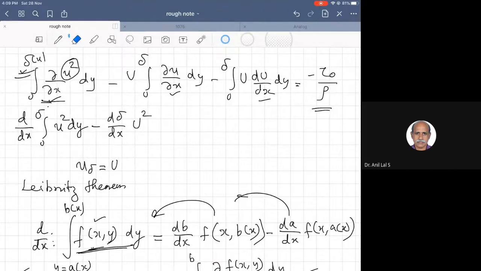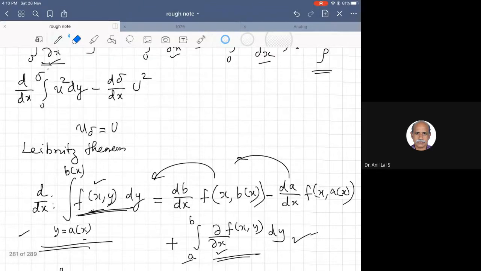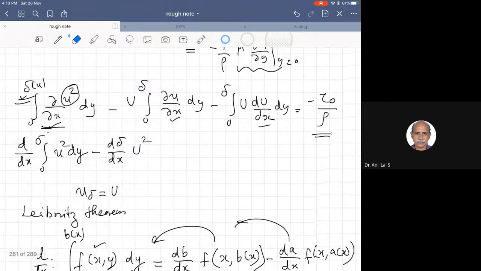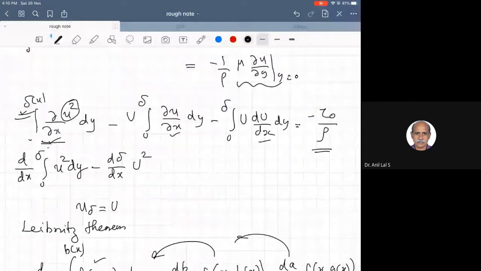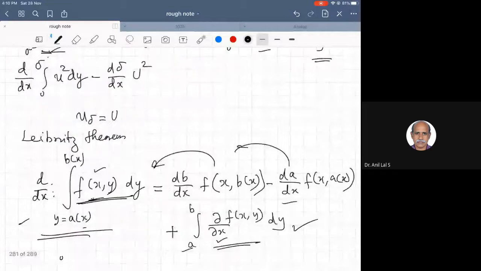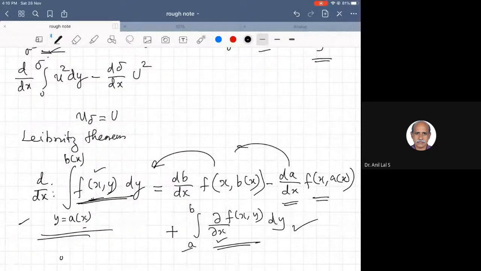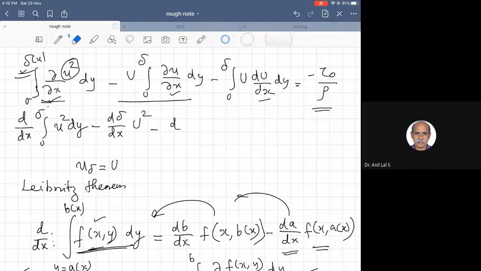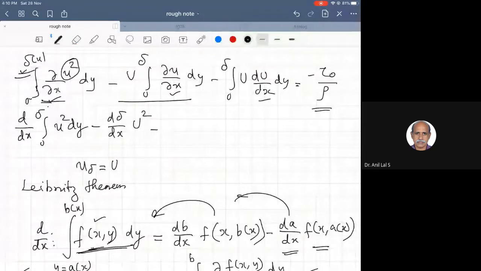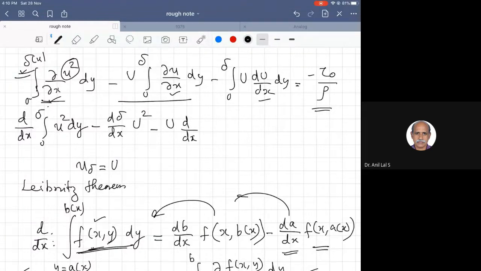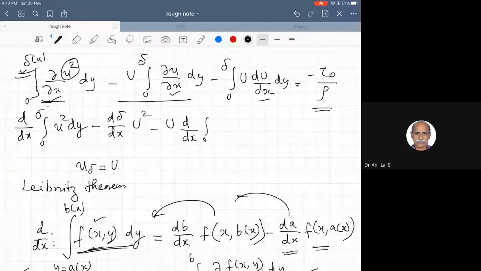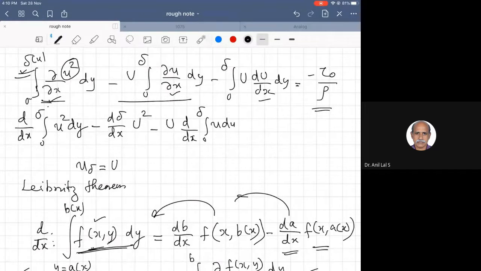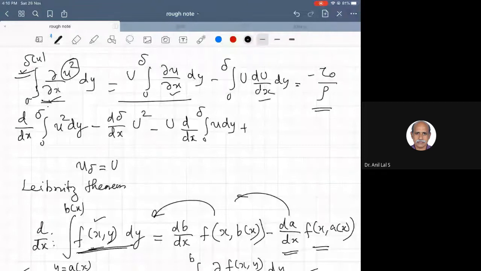Now for the lower limit, what happens? The lower limit is 0 and is not a function of x, so dA by dx will be 0, and this will not contribute. The same thing for this also. We can take d by dx; capital U is anyway outside. Then d by dx of the integral 0 to delta of u dy. Because of this minus it will become positive.